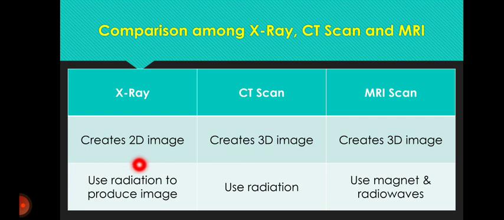X-ray is created by using radiation, and CT scan also uses radiation. The difference between X-ray and CT scan is that in X-ray only one picture is taken by the use of radiation, but in CT scan several pictures are taken at different angles and these pictures are combined together to make a three-dimensional image. So both X-ray and CT scan use radiation, but MRI scan uses a magnetic field as well as radio waves.